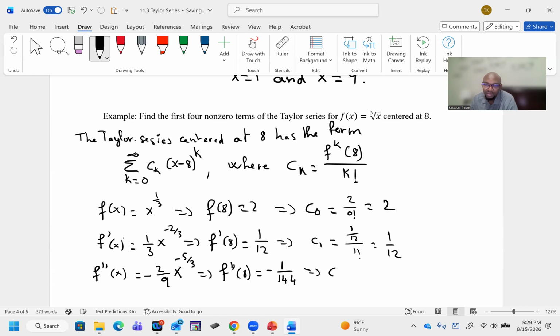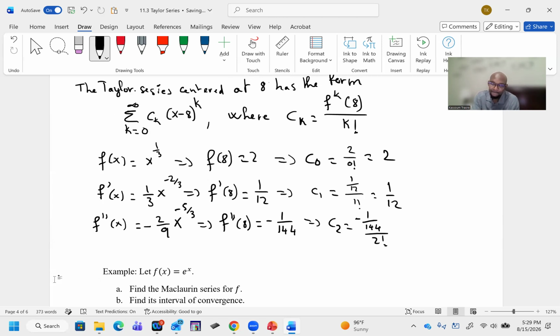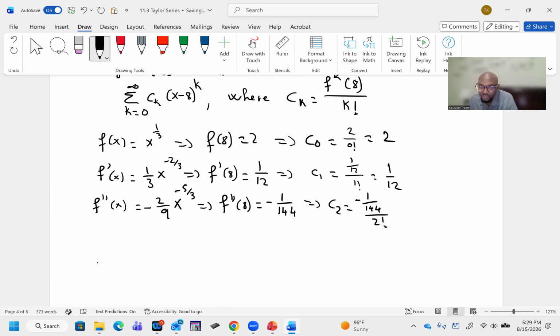That means my c2 will be negative 1 over 144 divided by 2 factorial, which is 1 over 2 factorial times negative 1 over 144.